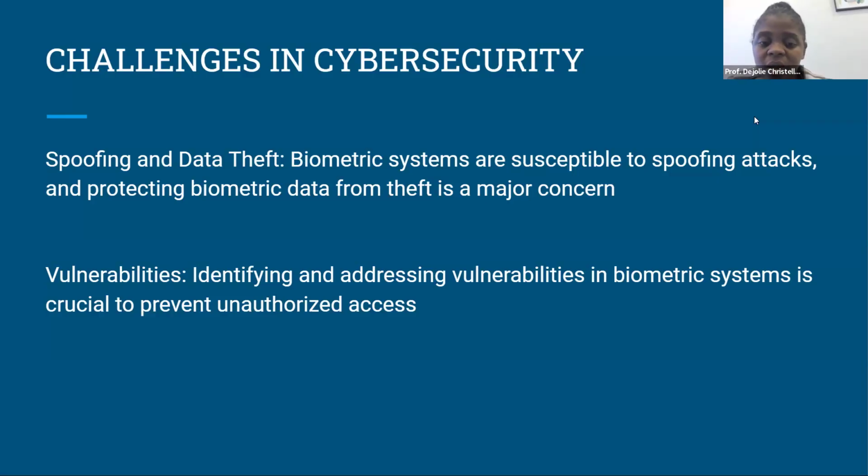Vulnerabilities: identifying and addressing vulnerabilities in biometric systems is crucial. Why? Because you have to prevent unauthorized access, right? We always have to identify or address those vulnerabilities.